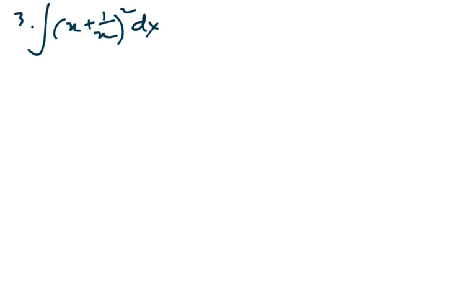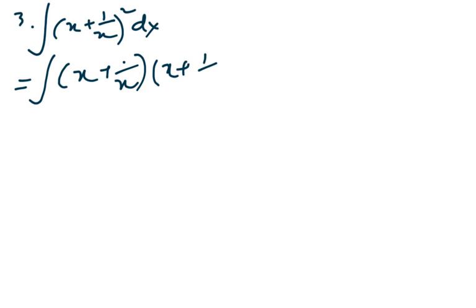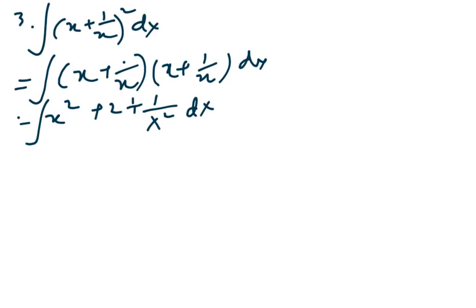We're going to look at the last question. We begin with expansion again: (1/x) and then times (x + 1/x) dx. After expansion, this is what you're going to get: x^2 + 2 + 1/x^2. Or you can straight away write it as x^2 + 2 + x^(-2) dx.